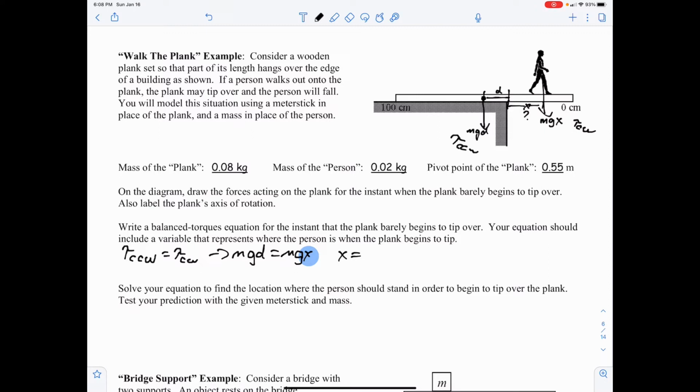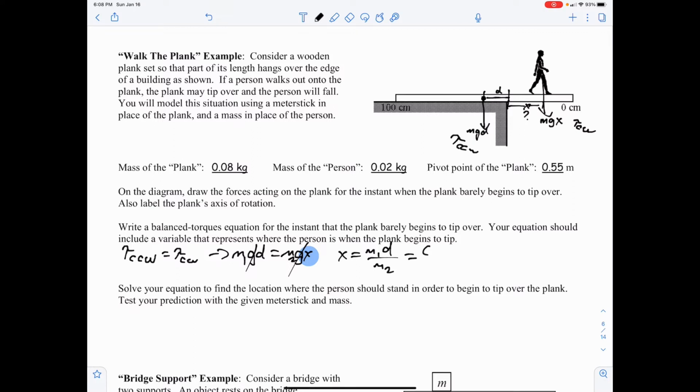Okay, now m is the mass; m1 is the mass of the meter stick, m2 is the mass of the person. You'll notice that the g's cancel because it's on both sides, and so x is m1 times d over m2.